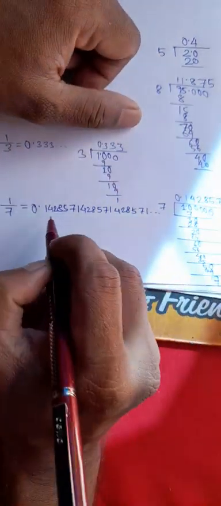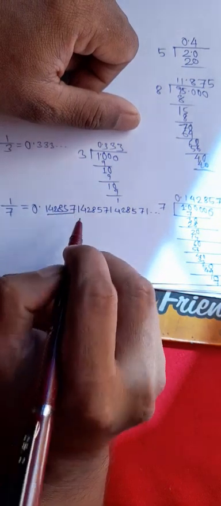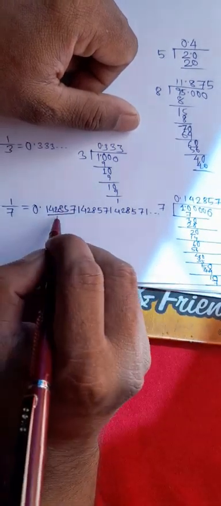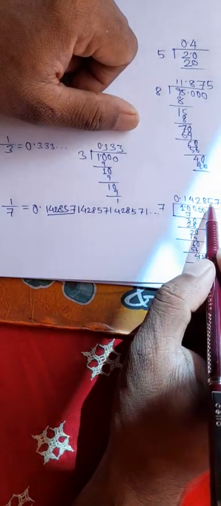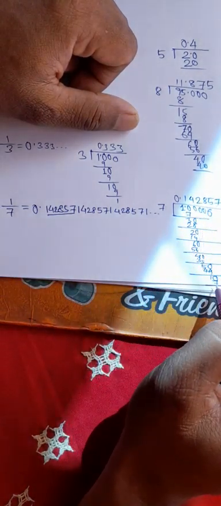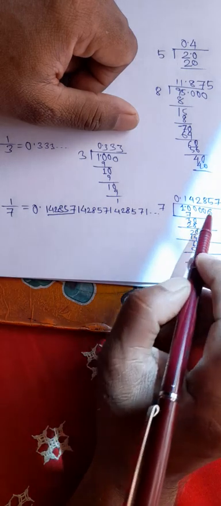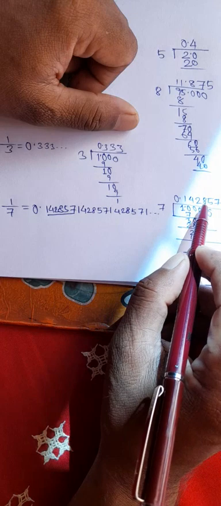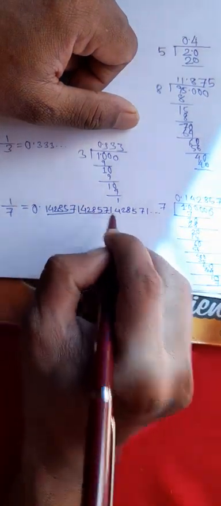That means this group of numbers is repeating at a certain interval. 1 4 2 8 5 7, 1 4 2 8 5 7. Then again it is starting from 1. 10 minus 7, 1. Next again you will get 2 8 5 7. This group is repeating.